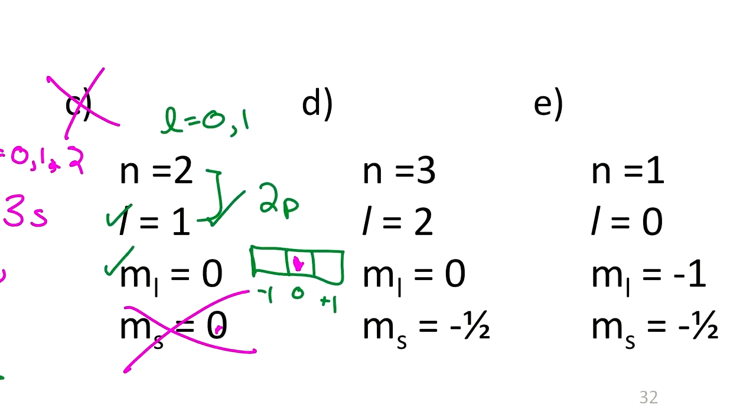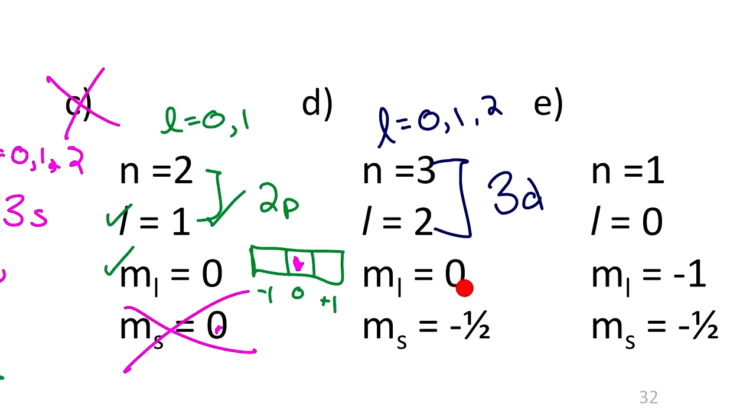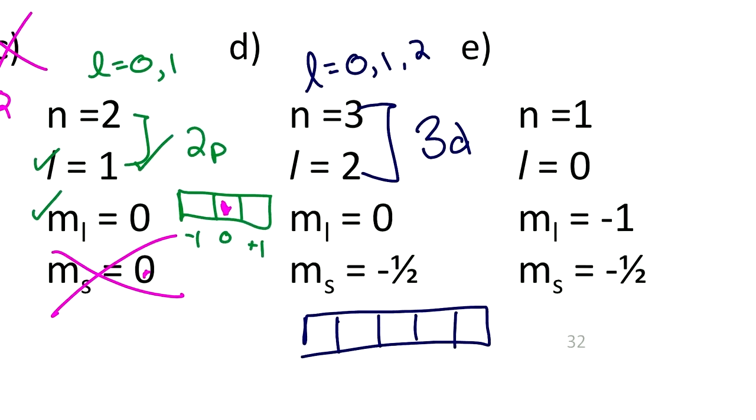Okay, next one, D. n equals 3, so our possible L values are 0, 1, or 2. What subshell am I talking about here? 3d, because L is 2. Can a 3d subshell have an orientation of 0? Yes, because a d subshell has how many boxes? 1, 2, 3, 4, 5. If we label these boxes -2, -1, 0, +1, +2, I'm going to put an electron in the middle box.